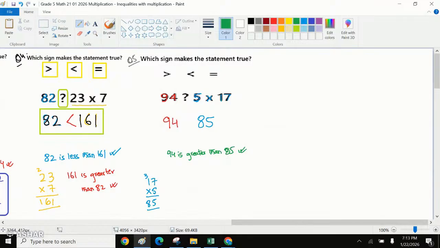Yes, it is a true statement. Thank you, Shamai. So whatever value is greater, the sign will be open to that side. That means 94 is greater than 85. We write in this manner: 94 is greater or more than 85.